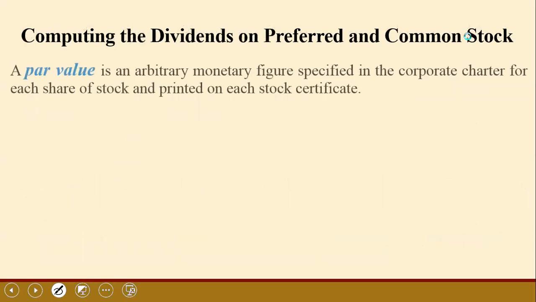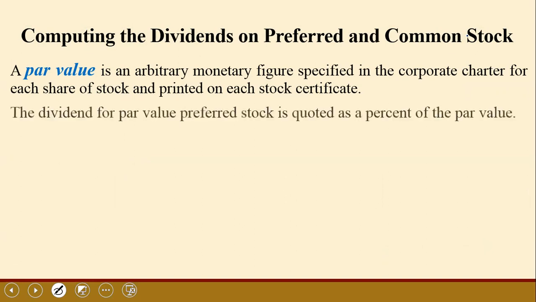So, par value is an arbitrary monetary figure specified in the corporate charter for each share of stock and printed on each stock certificate. So the dividend for par value preferred stock is quoted as a percent of the par value.